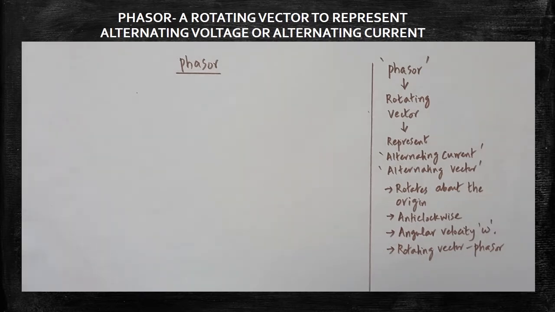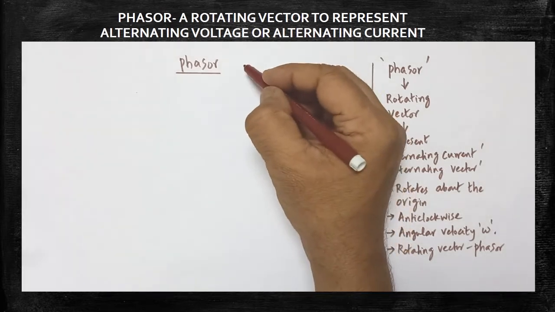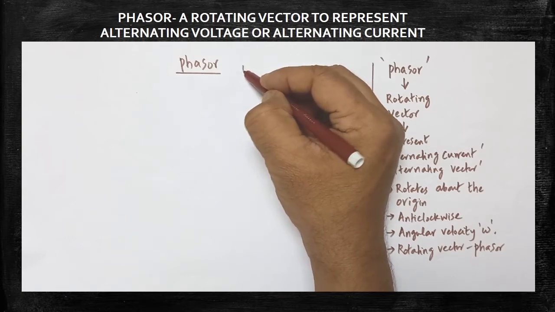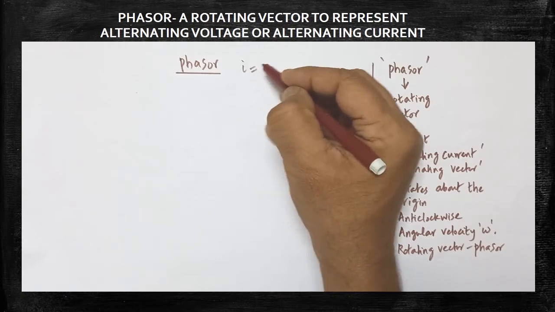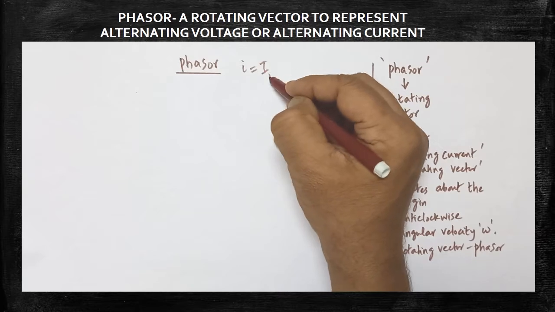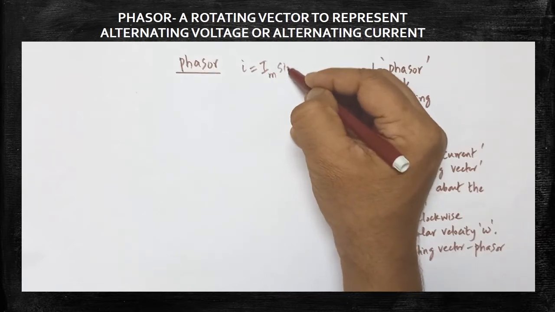Now I am going to tell you how to draw the phasor using the graph. First you have to understand that the alternating current, the instantaneous current, can be represented by the equation I is equal to Im sin omega t.